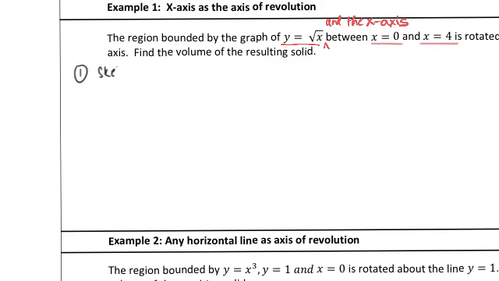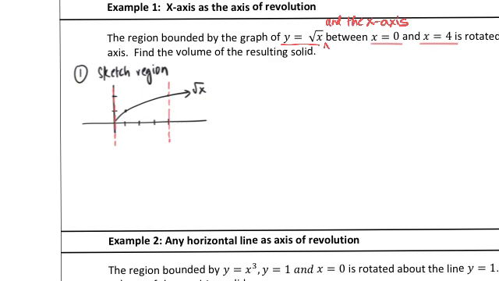So we're taking this region, so let's picture the region. That's step 1, sketch the region that's being rotated. In this problem, the region looks something like this. Here's rad x, and I am going between x equals 0, that's there, and x equals 4, that's here.